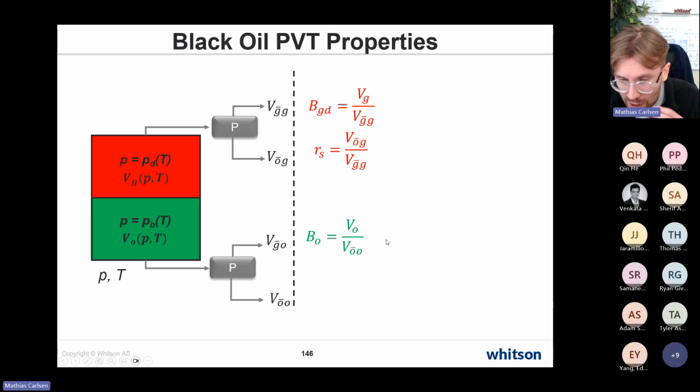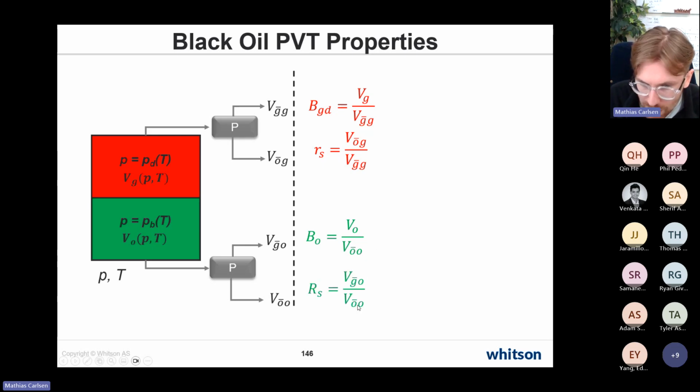On the oil side, the formation volume factor is the reservoir volume of oil divided by the surface volume of oil originating from that oil phase. And then RS will just be the solution GOR, so the surface volume of gas originating from the reservoir oil phase, divided by the surface volume of oil originating from that oil phase.